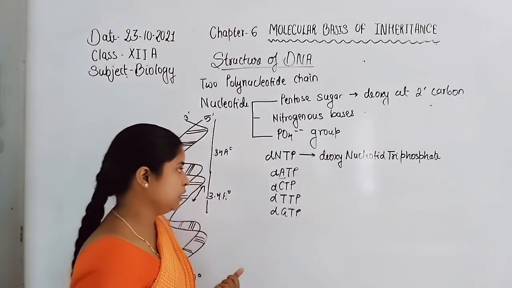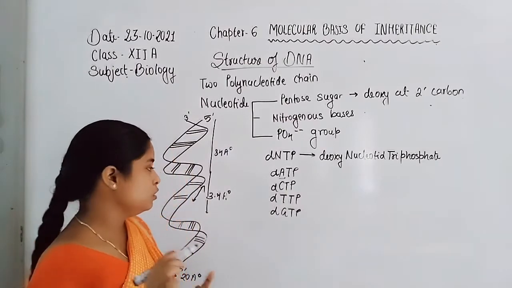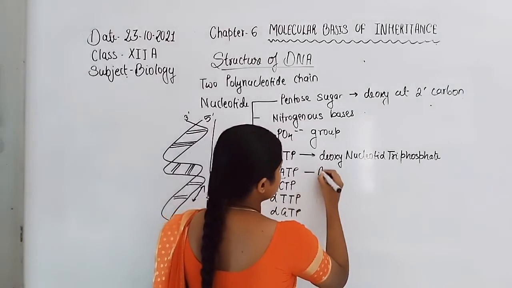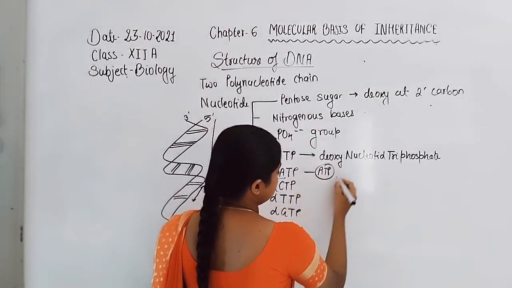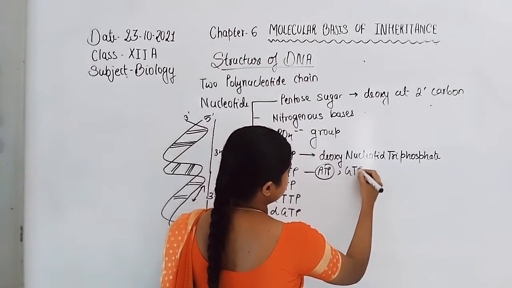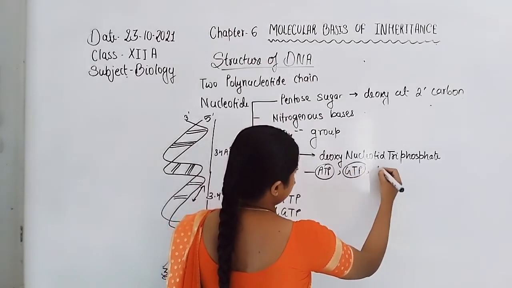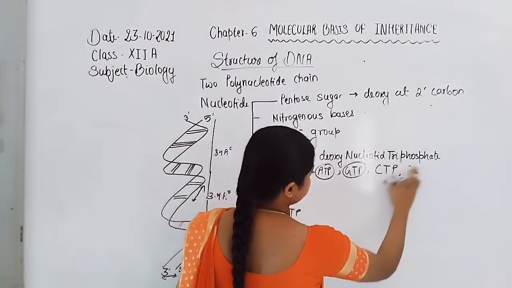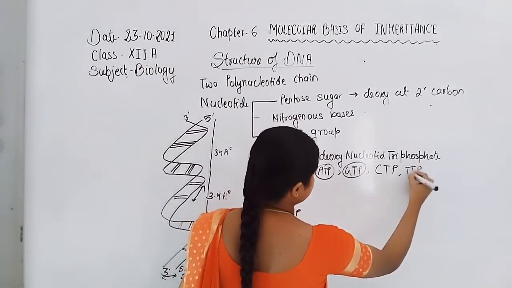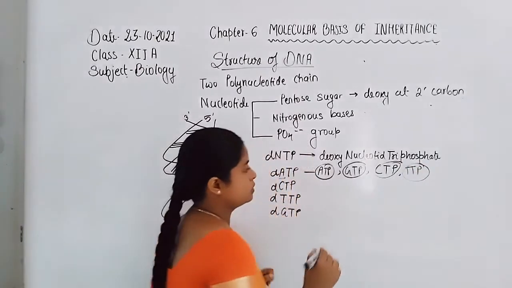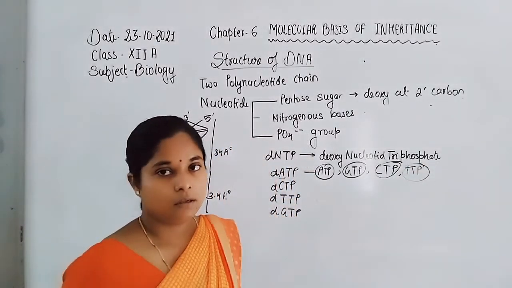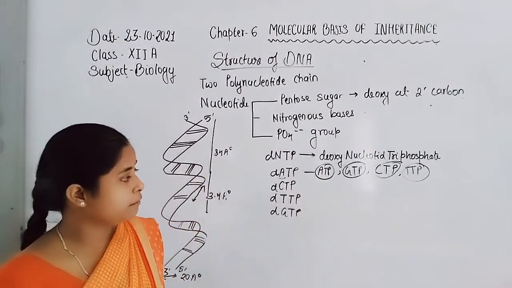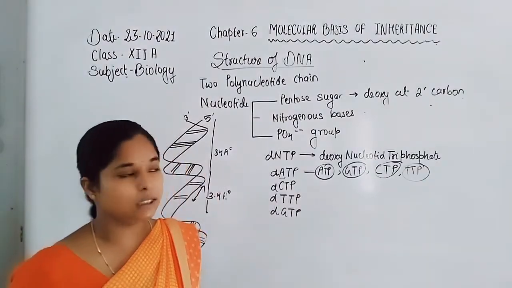Now two phosphate groups are removed as inorganic phosphate. Nucleotides are known as substrate level phosphorylation, as we know earlier.